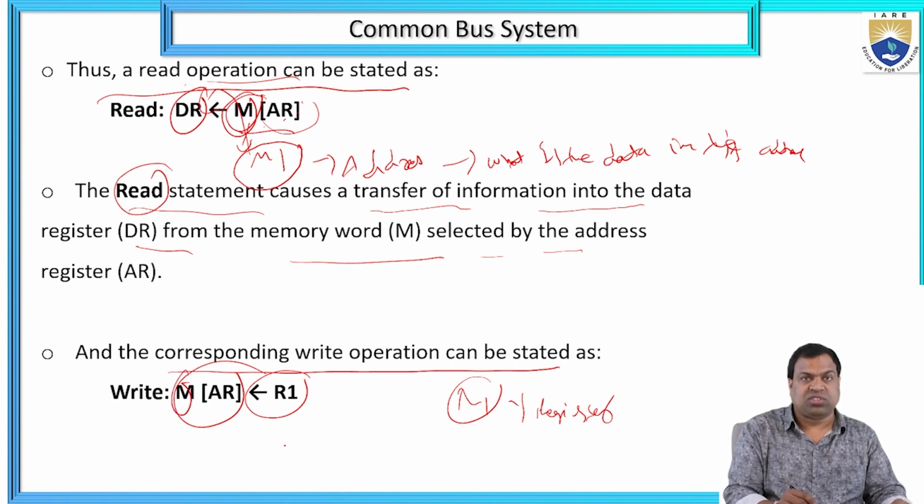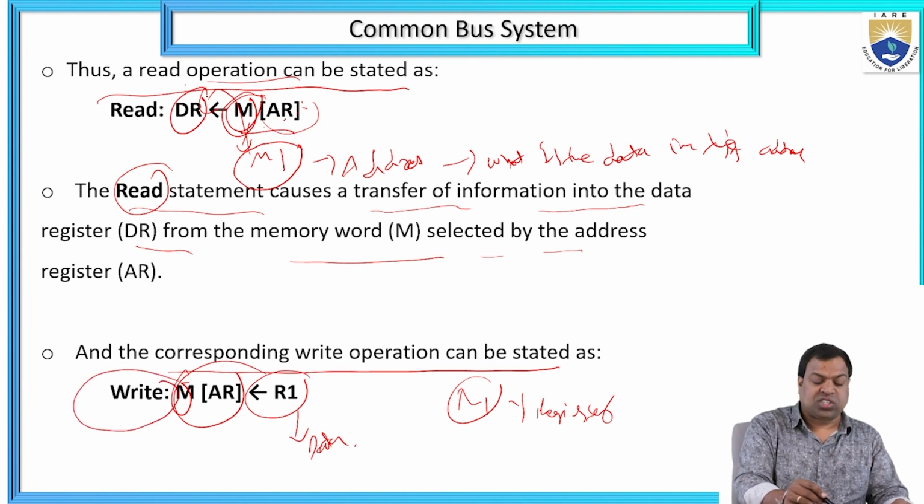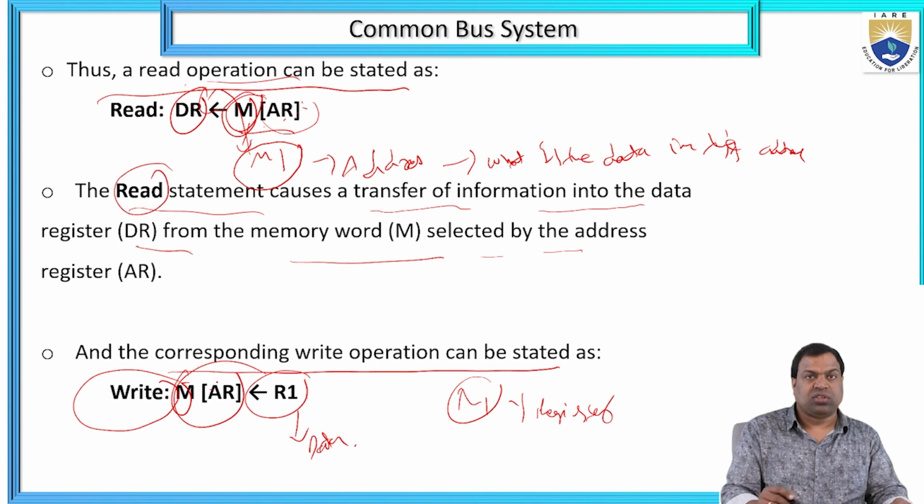So it is defining the address of this data within a particular memory. That is called the write operation. Here address tends to DR, and data tends to address.